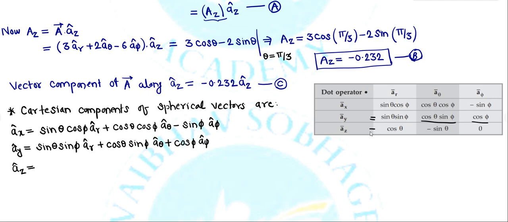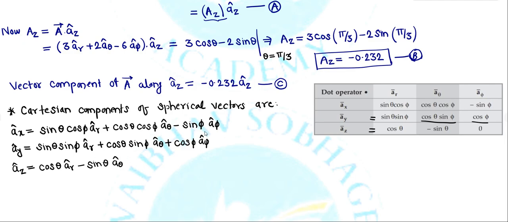So AZ is cos theta AR cap, then minus sin theta A theta.